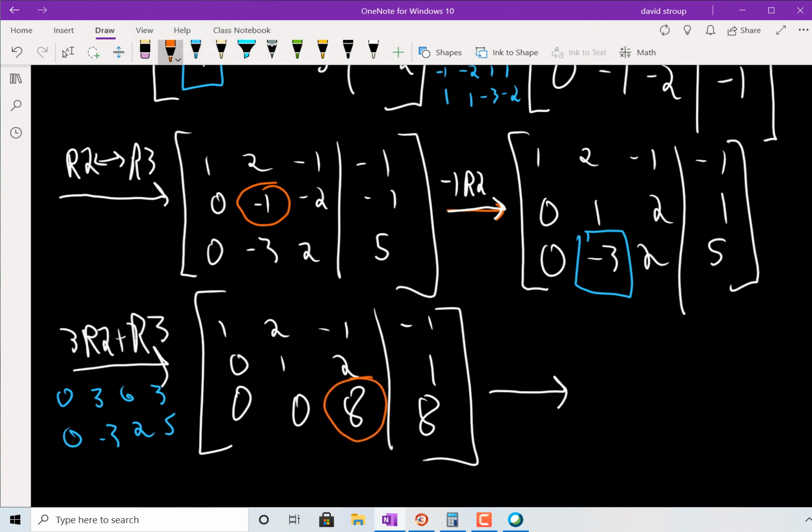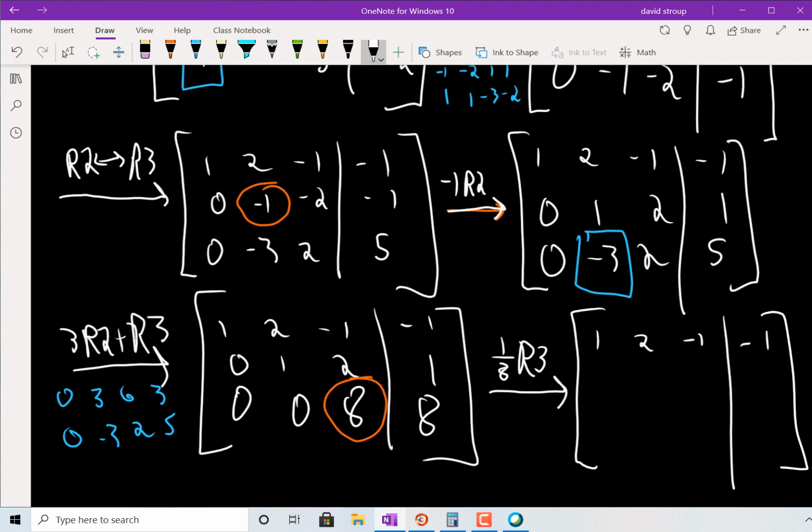We need a 1 in that position. So I can multiply that row by 1/8, and I even avoided fractions. So 1/8 row 3, and then 0, 1, 2, 1, and 0, 0, 1, 1.